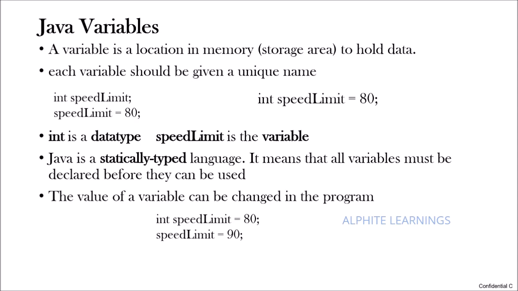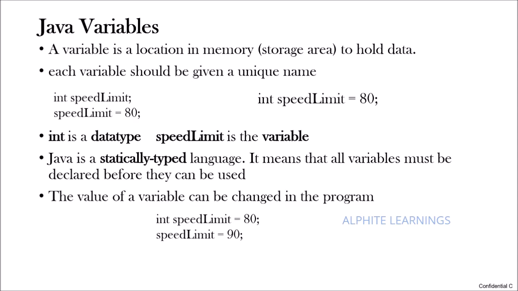Okay, so what is the data type? It is nothing but the kind of data that you are going to store inside this variable. You can store a whole number, a decimal number, even a character, a string, or whatever.